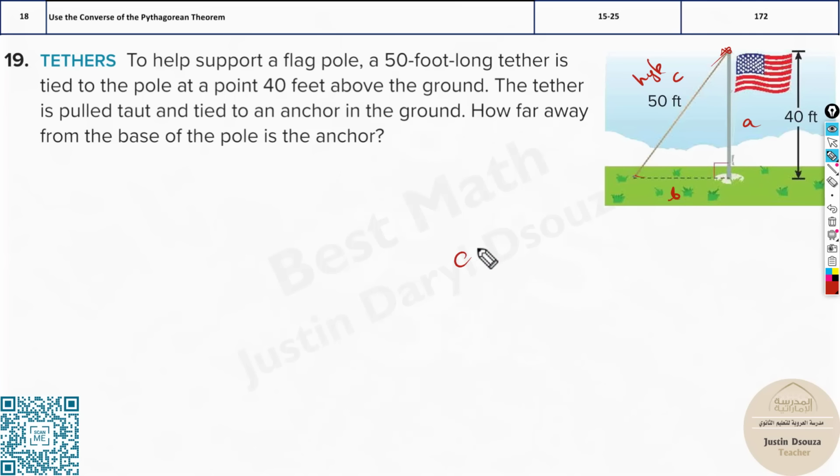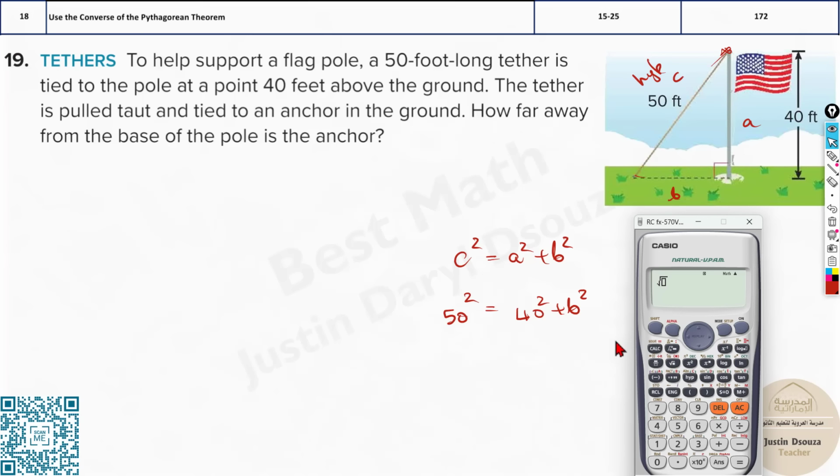So what we do is c squared equals a squared plus b squared. Over here we have the c squared value directly. So we write 50 squared equals 40 squared plus b squared. All you do is use the Pythagoras theorem. We can use the calculator directly. It's an electronic exam, isn't it?